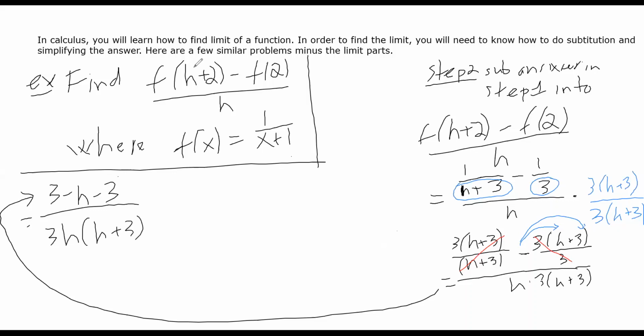More cancellation. And once we cancel out these two, you see the h and h are going to cancel each other out. So finally, we have negative 1 over 3h plus 3.